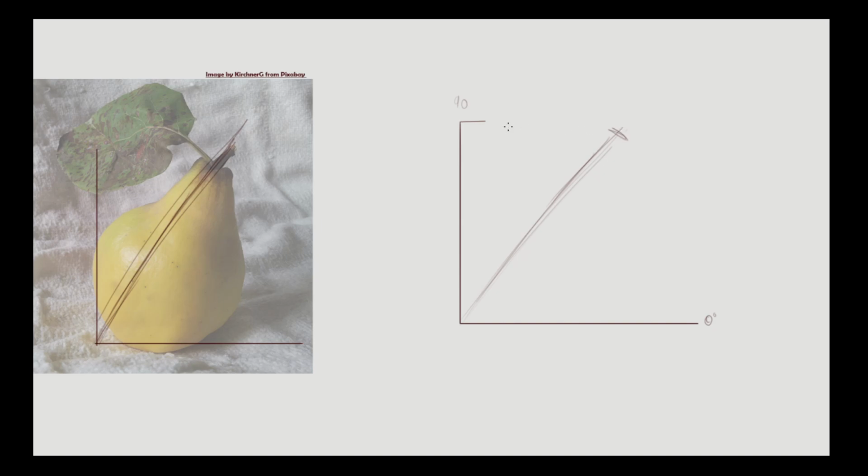I would say from here to here it's like 40. Once we have drawn that, now I need to calculate the angles of the pear. Even if it's a curve, you can just draw a line from the start of the curve to the end of the curve, then connect it later.